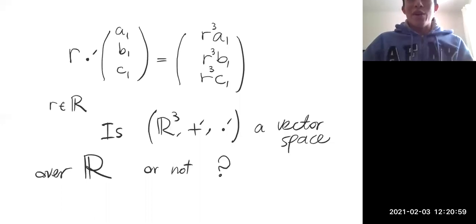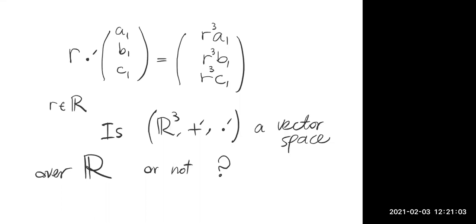I think it's no. Which one is the property that this space as a vector space would fail?